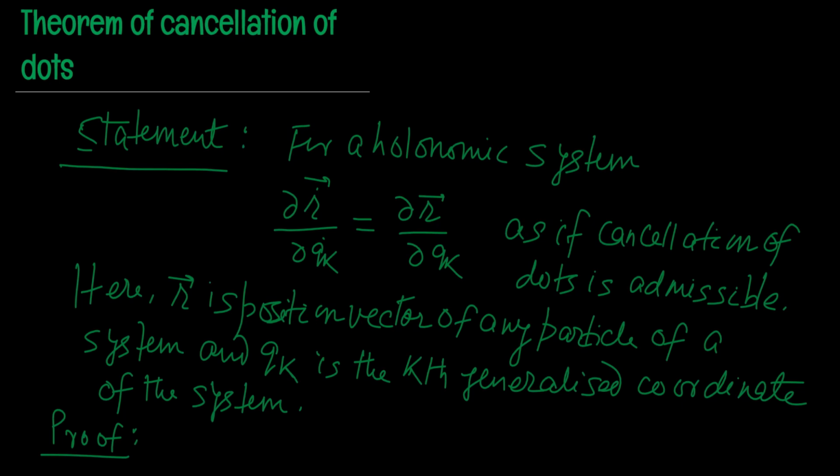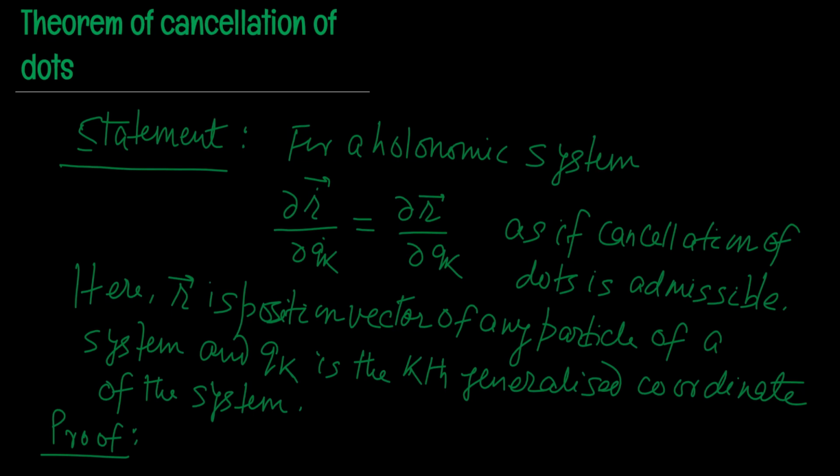But in the deduction of the Lagrange equation of motion from D'Alembert's principle, three important theorems are used. The first one is known as the theorem of cancellation of dots.